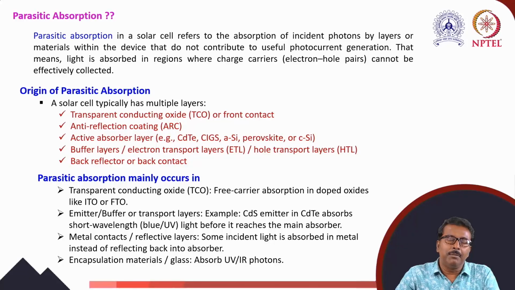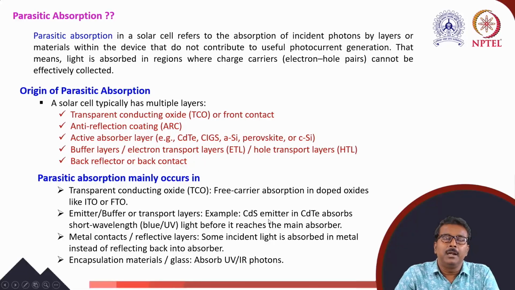So depending on the values of n and k, which are wavelength dependent, these layers will absorb some light and transmit some light. So this may be the absorption caused by these two layers also. Particularly, say if we take an example of CdS.